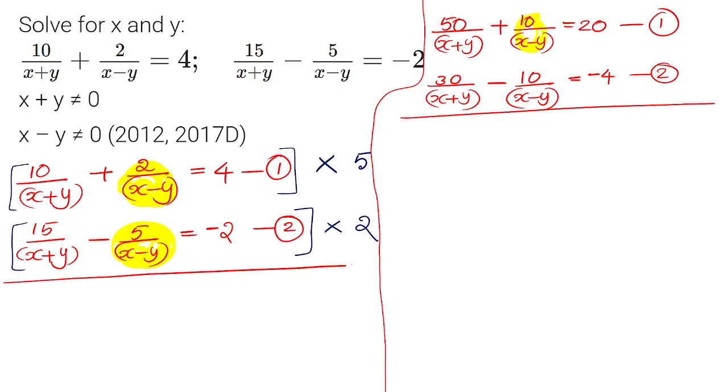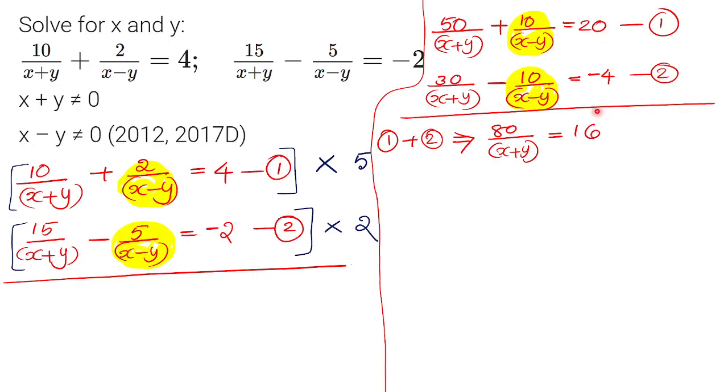You can see that 10 by x minus y and minus 10 by x minus y will be cancelled if you add them. 1 plus 2, these two terms cancel. 50 by x plus y plus 30 by x plus y will be 50 plus 30, 80. 80 by x plus y. 20 minus 4 is 16.